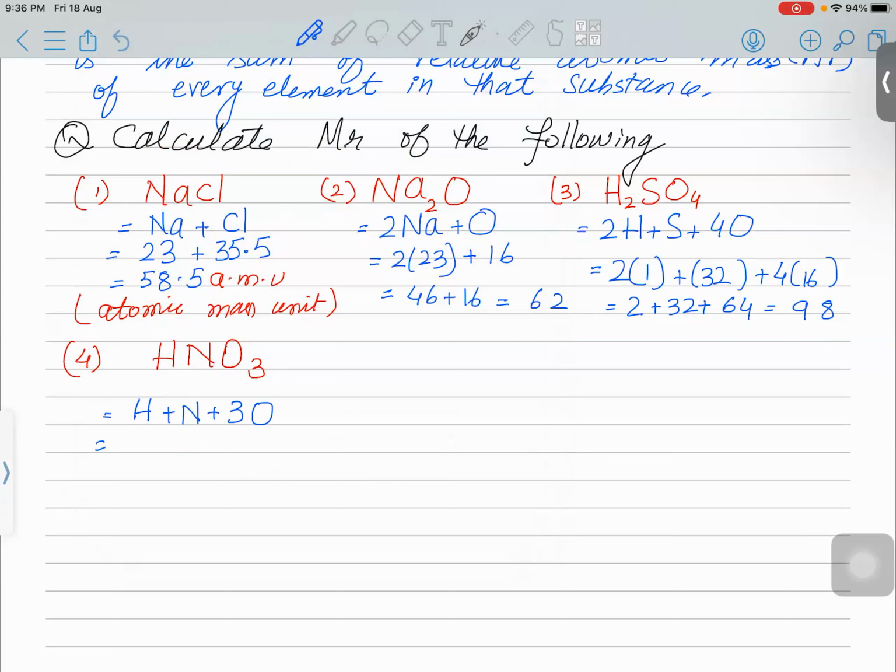Then we find the AR of each. H is 1. For N, N is 14, sir. And O is 16, so 3 times 16. So it's going to be 1 plus 14 plus 48, equals 63.